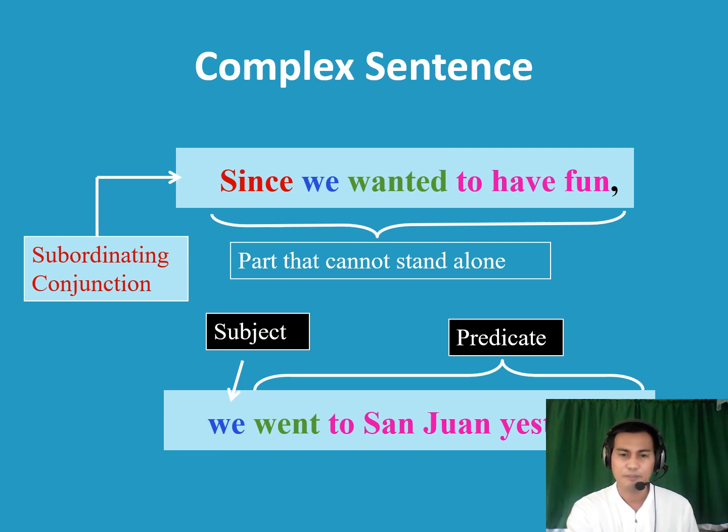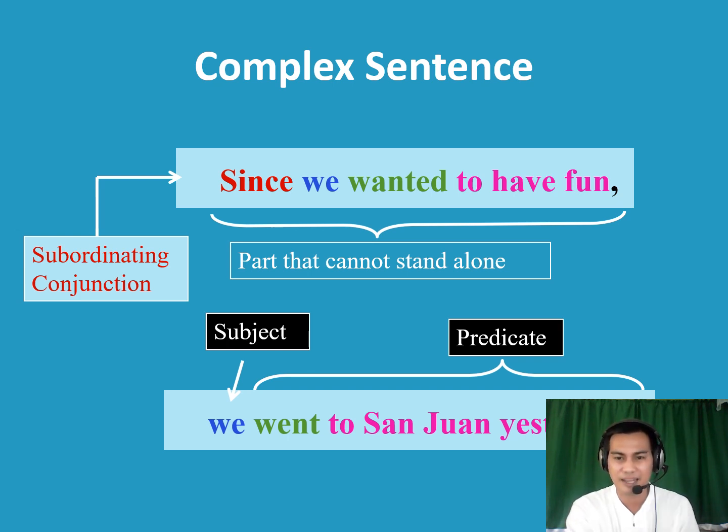Now, this one is the dependent clause. This one is the independent clause. This one can stand on its own, even without the other being added. But on the other hand, this one, since we wanted to have fun, without the independent clause has no meaning on its own. It's dependent.